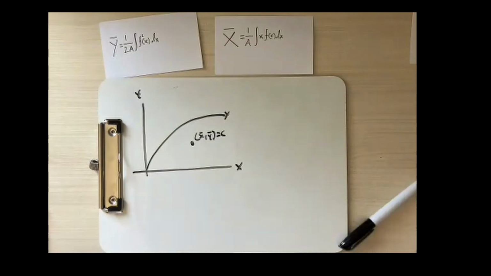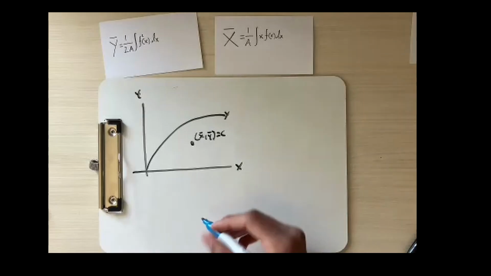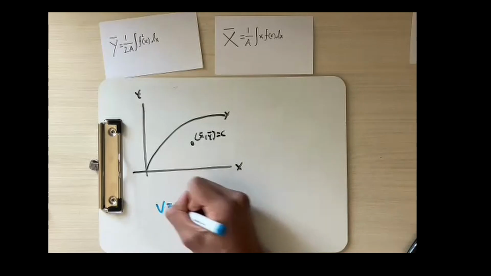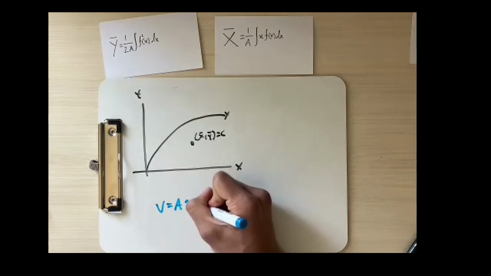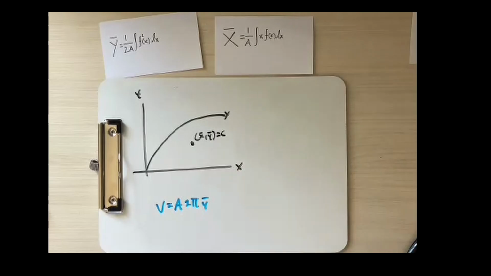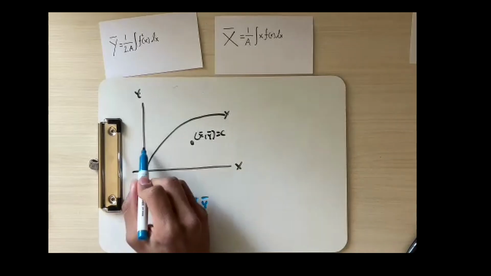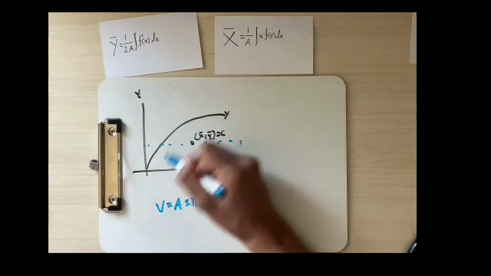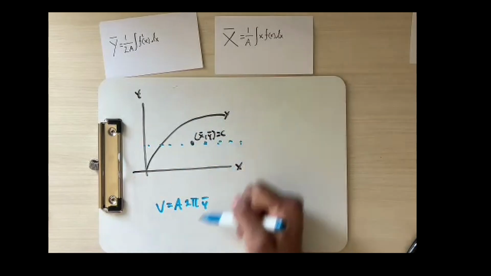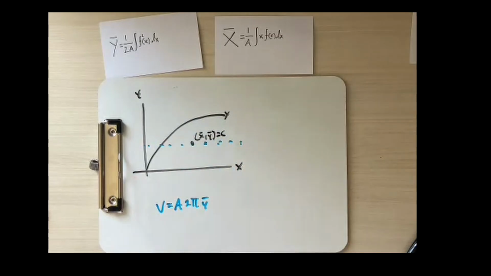For volume, the Pappus-Guldinus theorem says that the volume is equal to area times 2 pi y bar, which is pretty cool, right? So we're just saying that if we take this average here, we can multiply it by this area and 2 pi, and that gives us the volume, same as we would do with a regular integral.